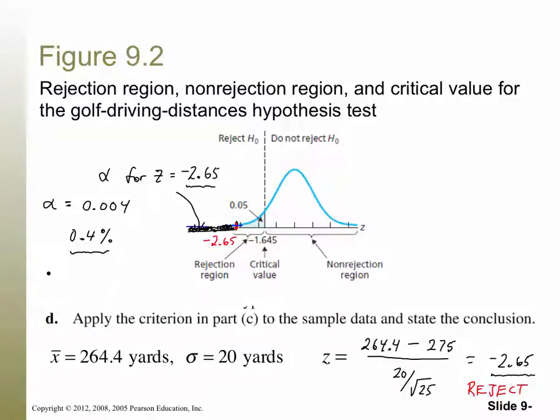So by getting that z-score of negative 2.65, we're a lot more confident that we correctly rejected the null than 5% significance. So this is like the true percent chance that we made a type 1 error. Okay, this is called the p-value.